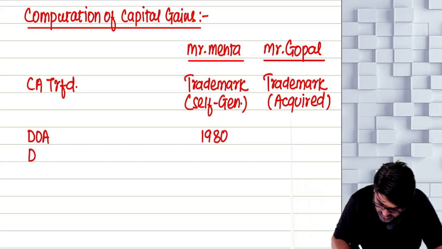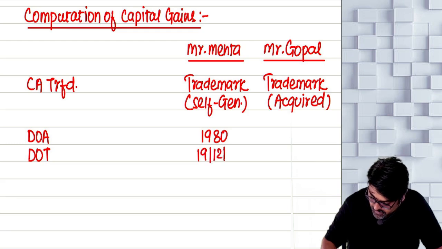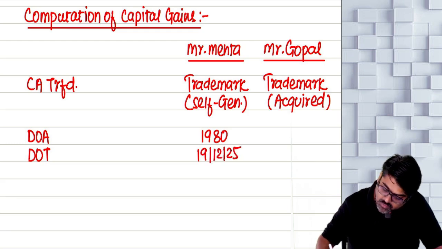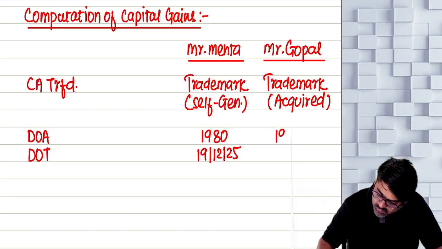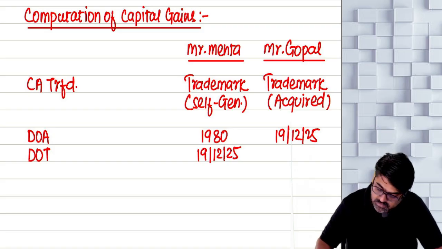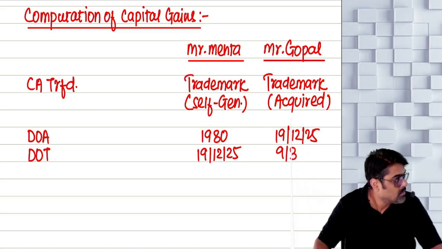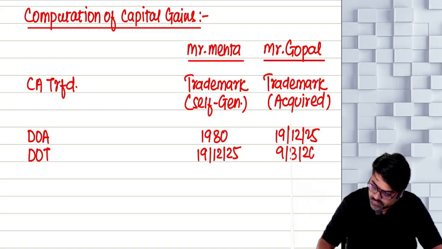And when did Mehta transfer? 1912-25. When did Gopal acquire? 1912-25 only, no? And when did Gopal transfer? 9th March 2026.